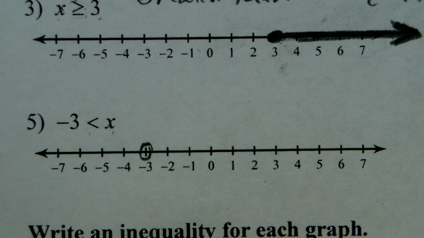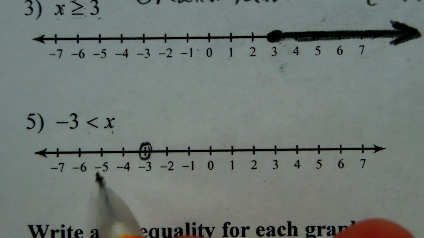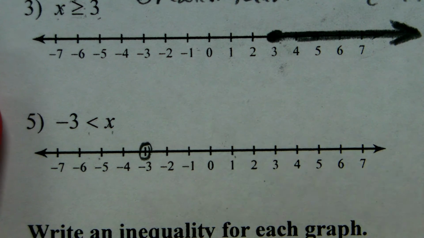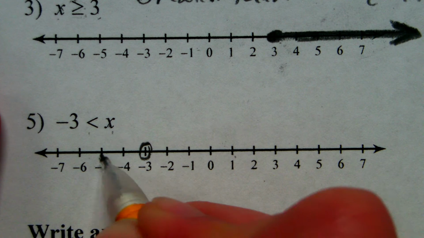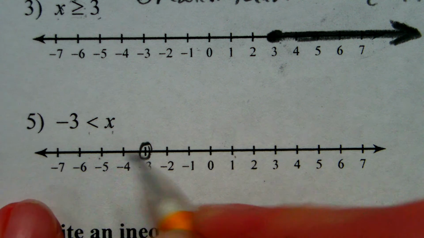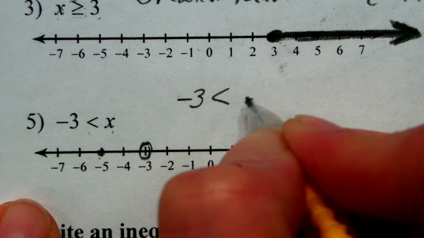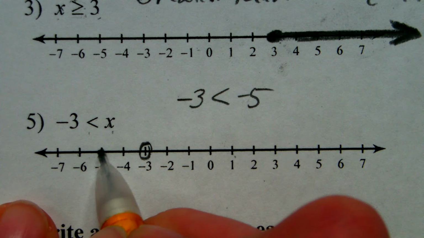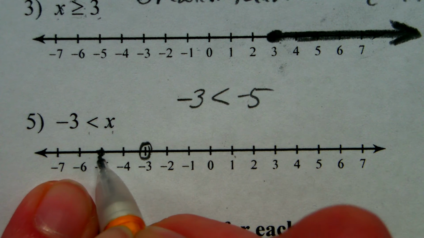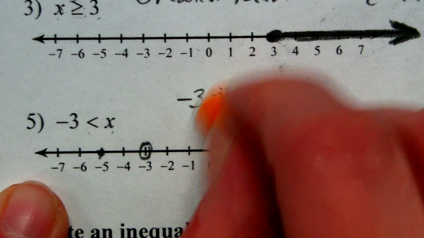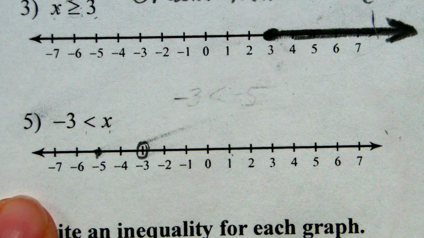So I'm going to pick numbers from either side and see which ones make it true. So this side are the numbers that would be smaller, like -5. So if I had -3 is less than -5, that wouldn't be true because -5 is actually to the left. This one's actually smaller, and you'd have to go the other way. So that's not it. We could try a number from over here.